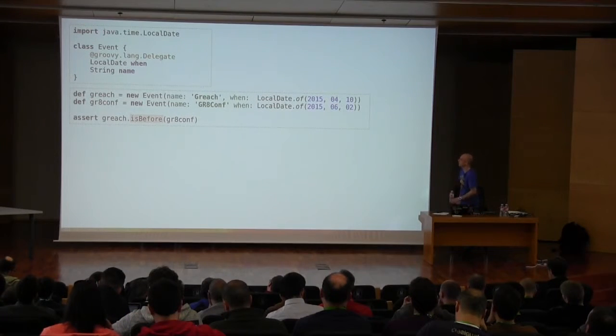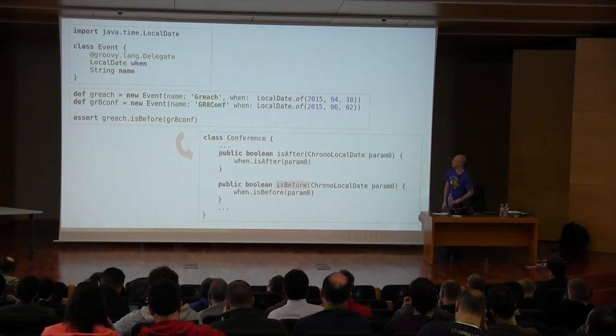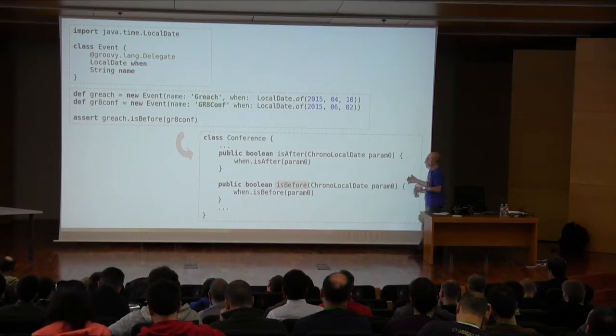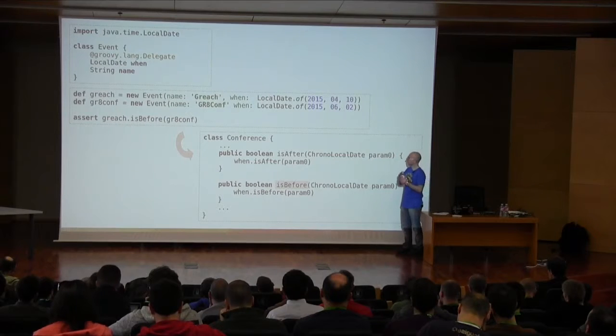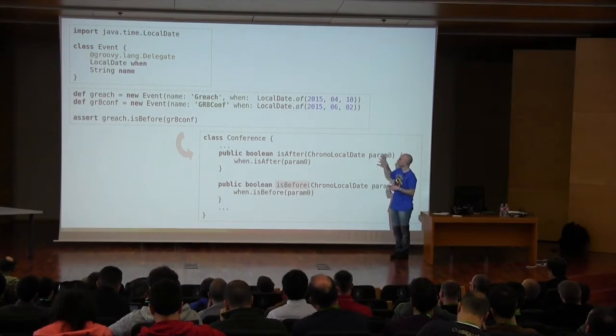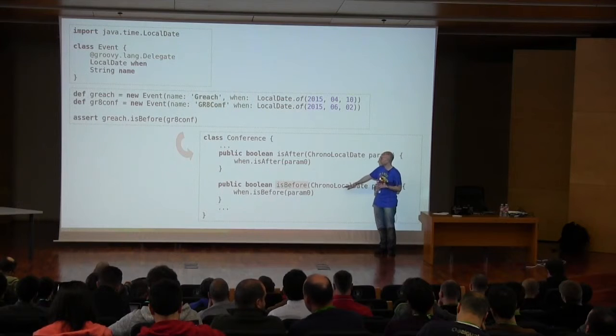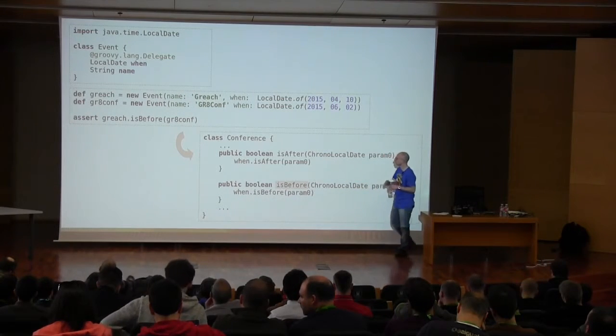We can say that Greach is before the Greach.conf. And this works because this annotation is doing this. It implements all these public methods for the local date into the class. So when we execute Greach is before, it will just execute this method in the when instance.